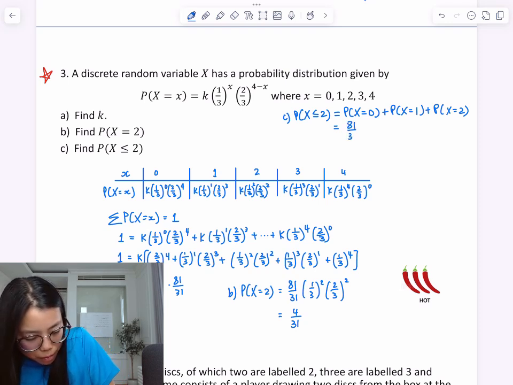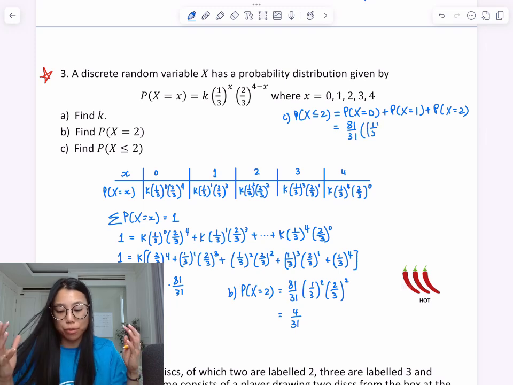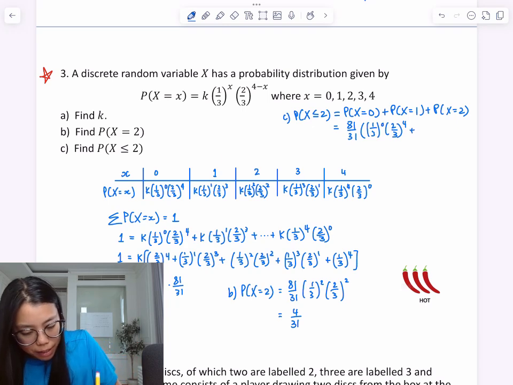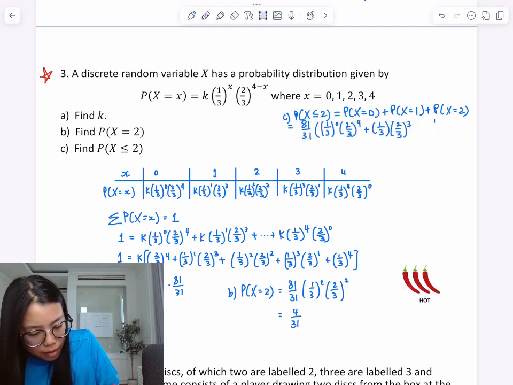k is equal to 81 over 31. Since k is in all of these individual probabilities, I'll just factor that out. And we need to calculate 1/3 to the 0 times 2/3 to the 4th plus 1/3 to the power of 1 times 2/3 to the power of 3, plus 1/3 to the power of 2 times 2/3 to the power of 1.